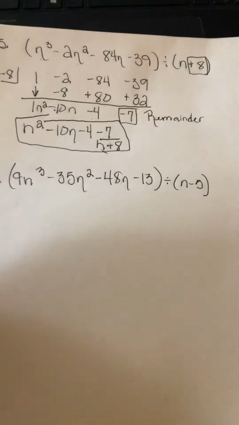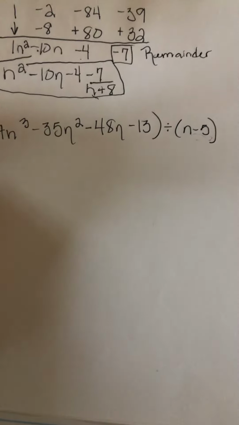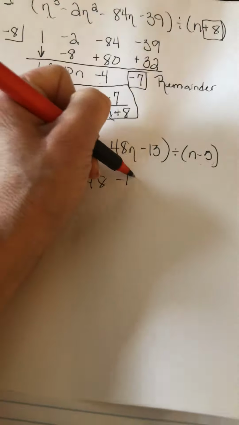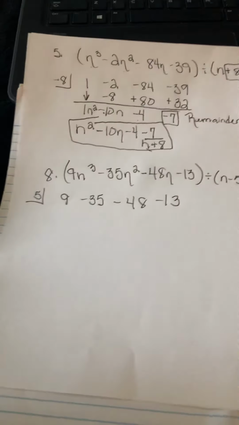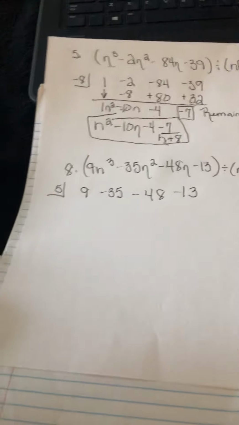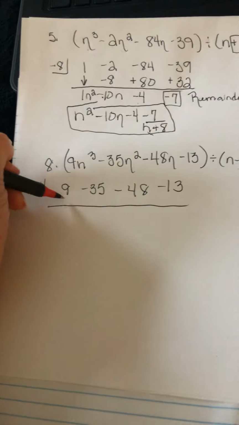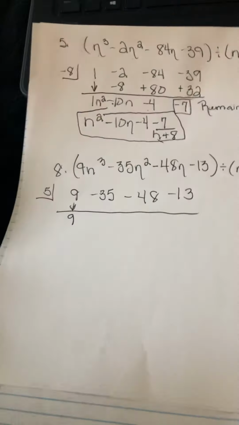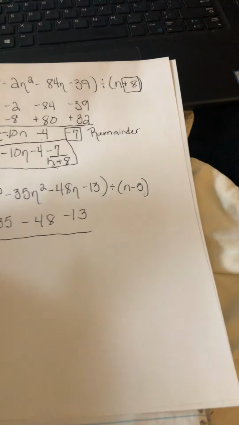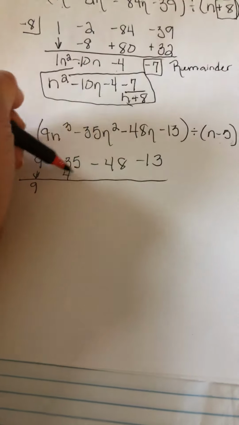All right, the first thing we're going to do is change that -5 to a positive 5, and we're going to bring down the 9n cubed's coefficients: the 9, the minus 35, the minus 48, and the minus 13. So take a look at that. We changed our 5. Now we're going to bring down that 9 and start our synthetic division. 5 times 9 is positive 45.